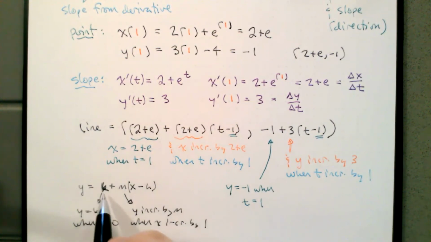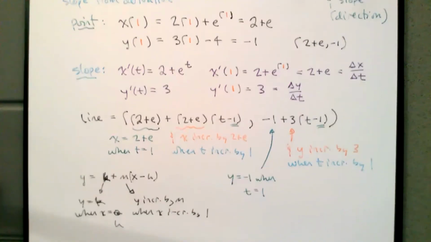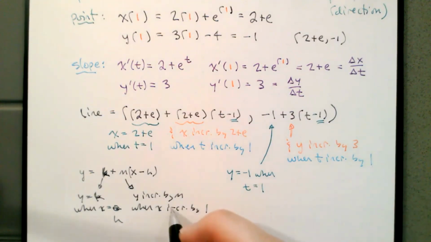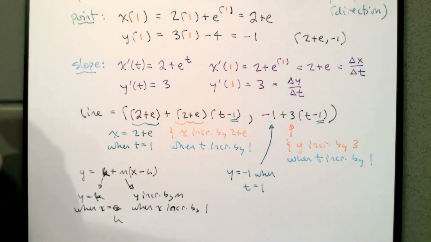If I have y equals k plus m times x minus h, then y is equal to k when x is equal to h, and y increases by m when x increases by 1. And I'm just making a linear function for the x and for the y.